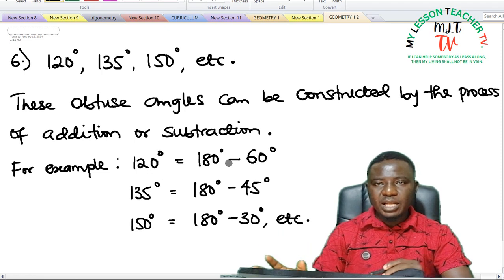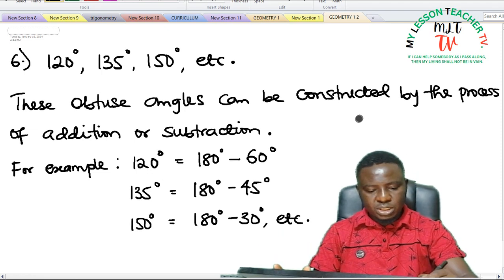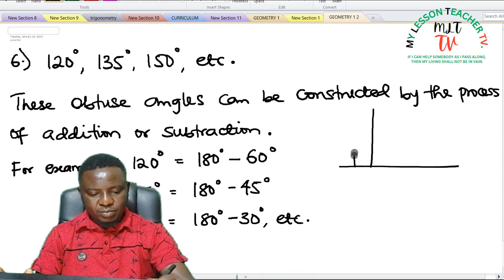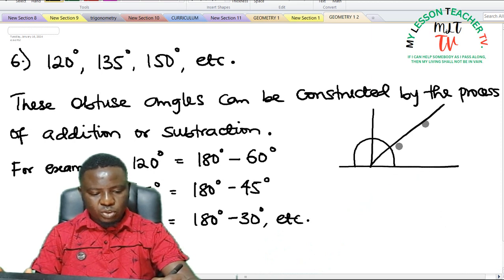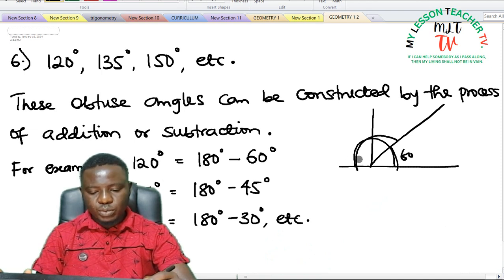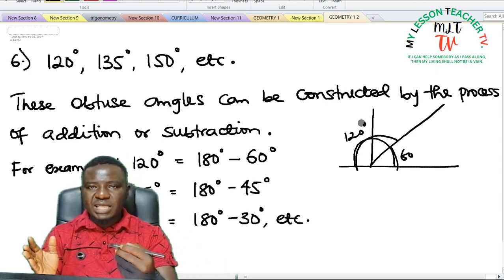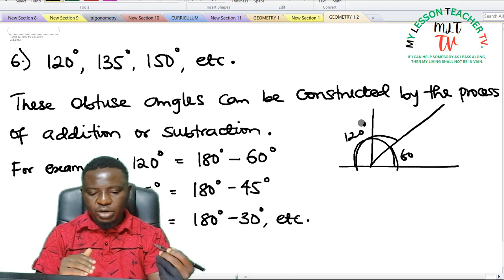When we constructed 60 degrees, as in this case, we got the obtuse angle to be 120 degrees.